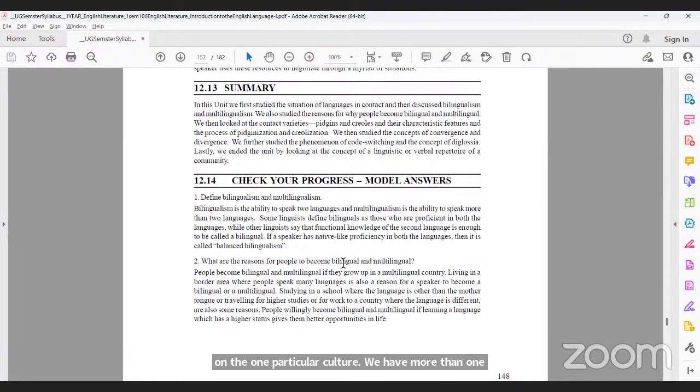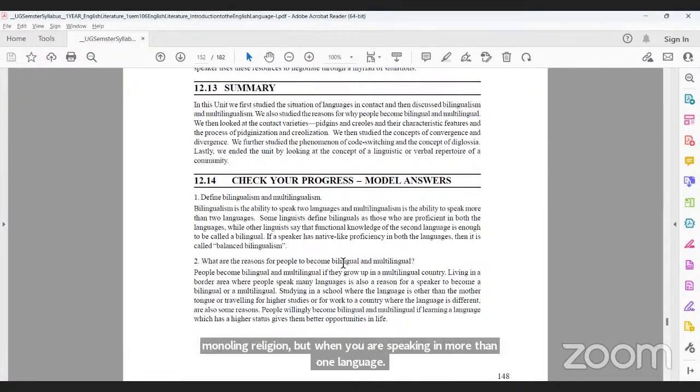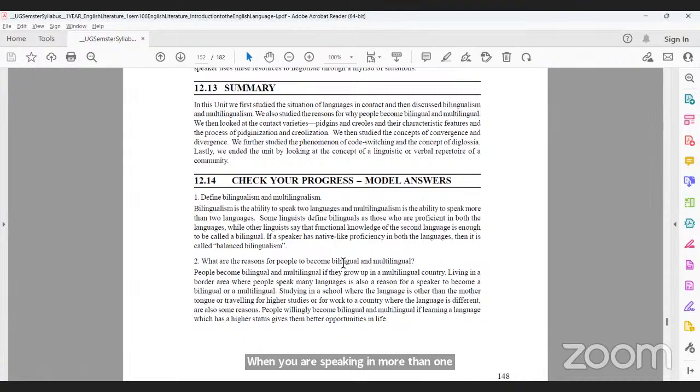So when a person is speaking in one particular language and he or she knows only one language, that is known as monolingualism. But when you are speaking in more than one language, it's called bilingualism.